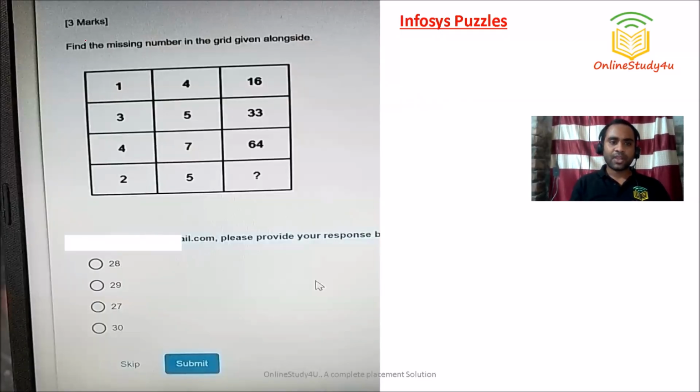Then, okay, so this is for 3 marks. So 1, 4, 16. Okay, so friends, as I said, remember addition, subtraction, multiplication, and square, only 4 things. So here 1 square plus 4 square. So 1 square plus 4 square will be what? It will be 1 plus 16, that is nothing but 17, but here it is 16. So now you subtract: 17 minus 1 is 16.